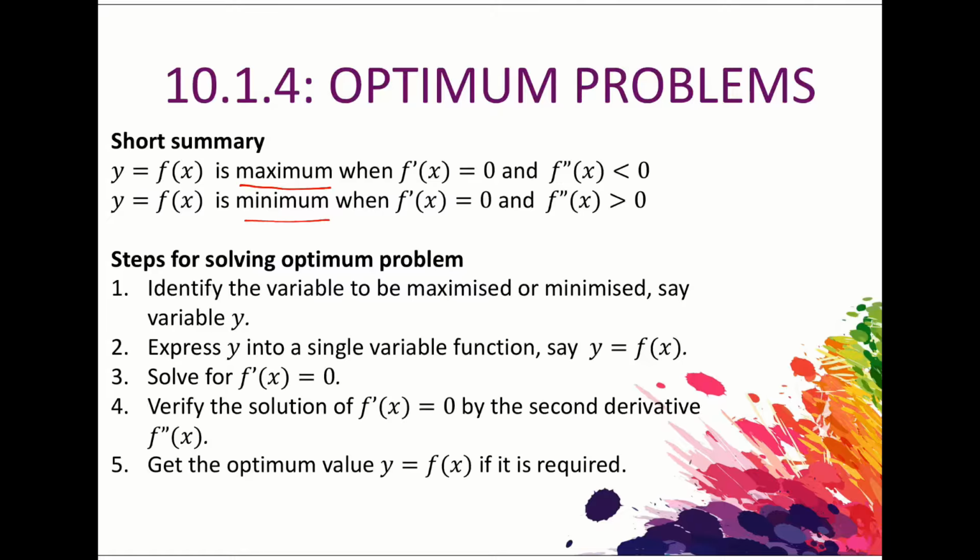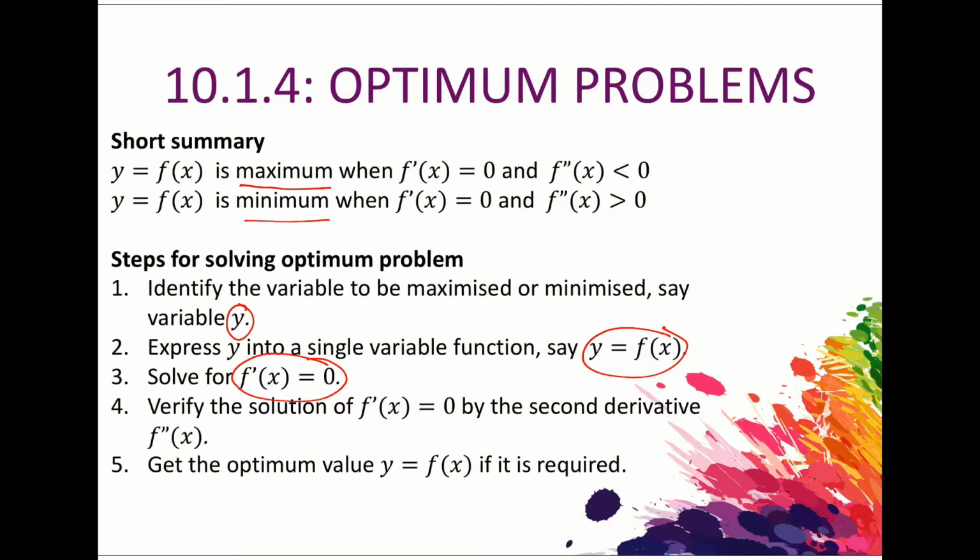The first one is to identify the variable to be maximized or minimized, say variable y. Number two, express y as a single variable function, say y equals f(x). Number three, we need to find the first derivative of f(x), and then find the value of x for when the first derivative of f(x) is equal to 0.